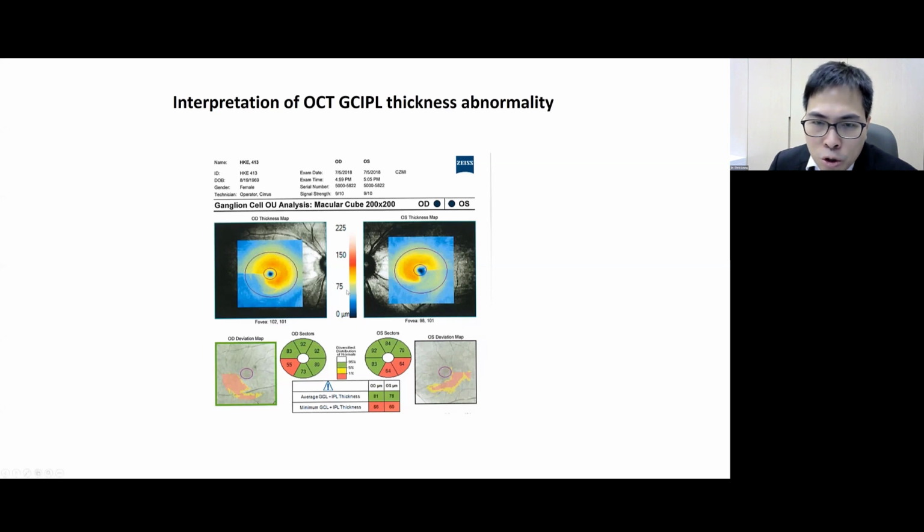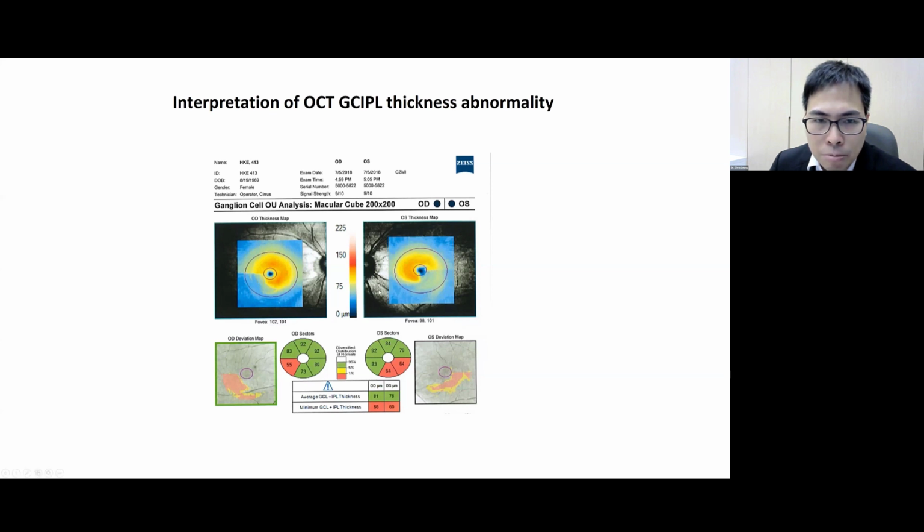Now, the interpretation is basically more or less the same as the RNFL thickness measurement. You look at the thickness map: red indicates thick, blue indicates thin. And then you look at the deviation map to see whether there is a correspondence. You always look for symmetry between eyes and symmetry between the upper and lower retina.